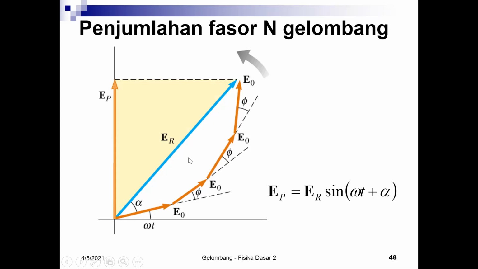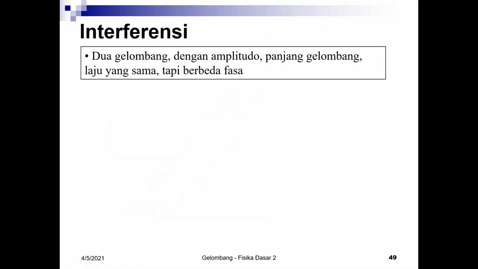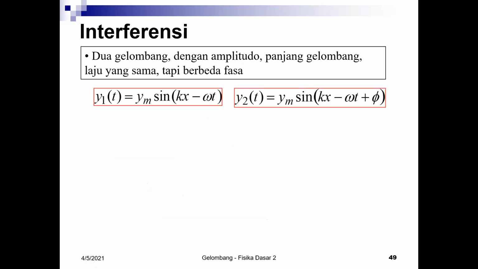So this is the resultant amplitude, and this is the resultant wave: EP equals ER sin(omega t plus alpha). This alpha is the phase difference between the first wave and the resultant wave. So this is the interference.